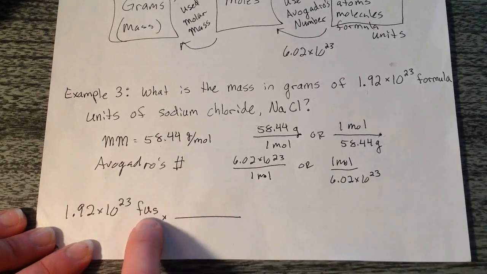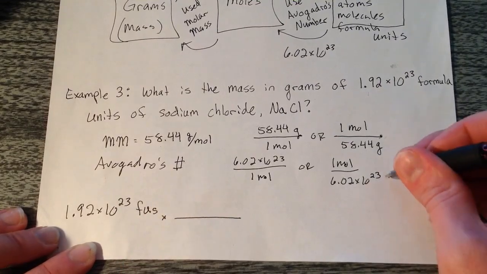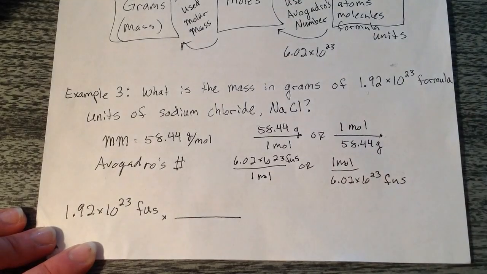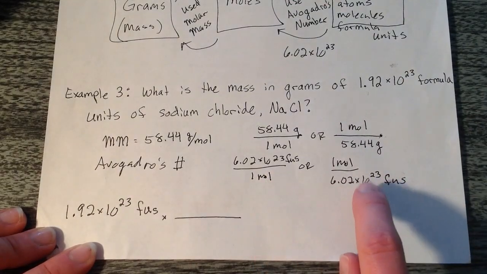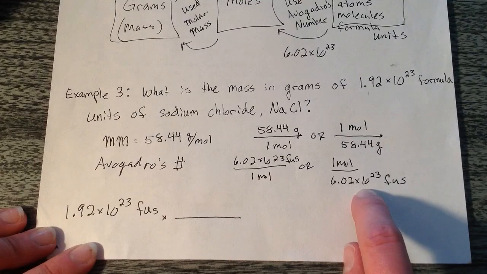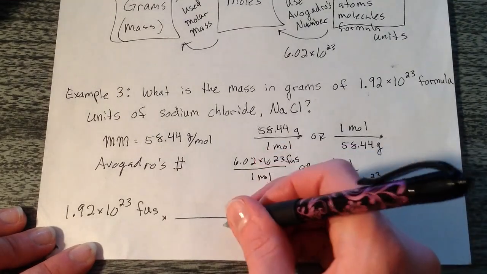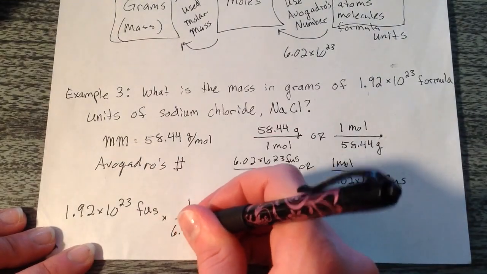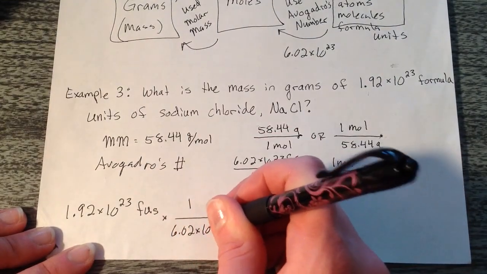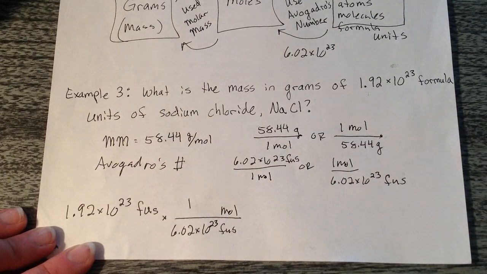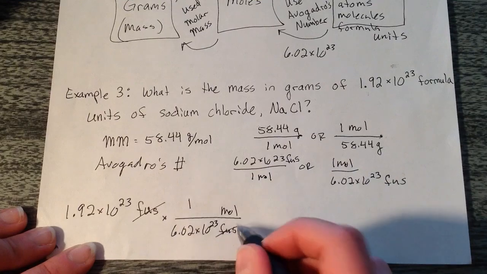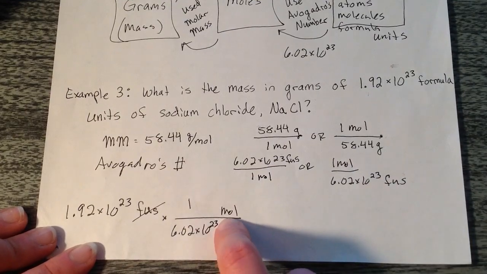So my formula units, I need that unit on the bottom. I would need this conversion factor because that's the one that's formula units on the bottom. Then my formula unit cancels with this formula unit. I'm left in units of moles.